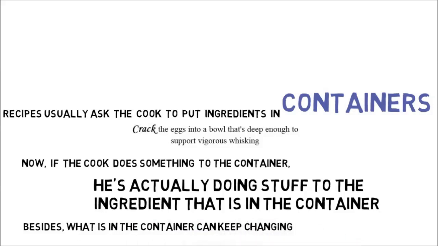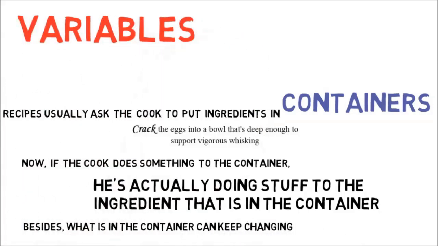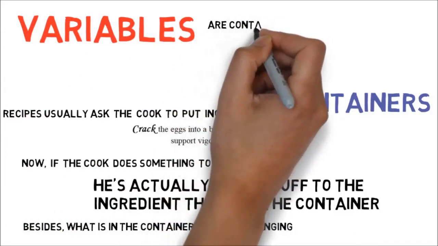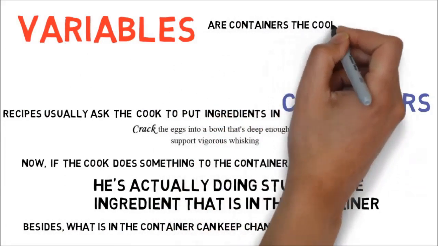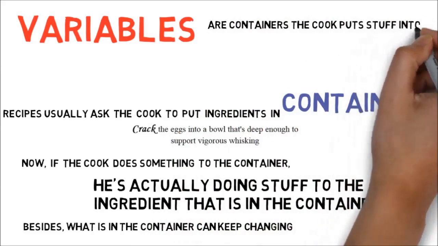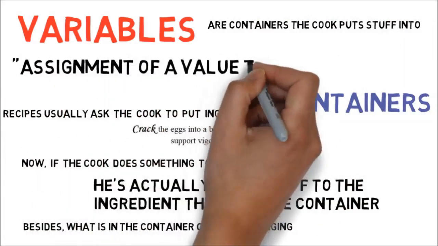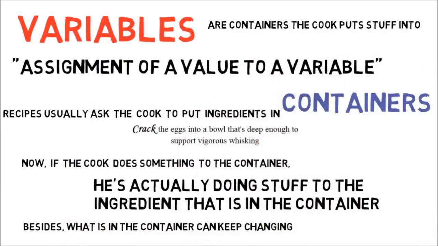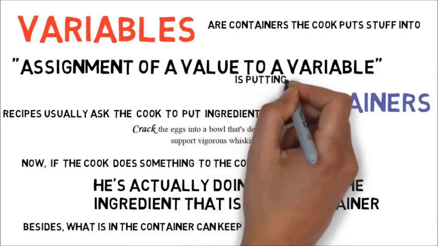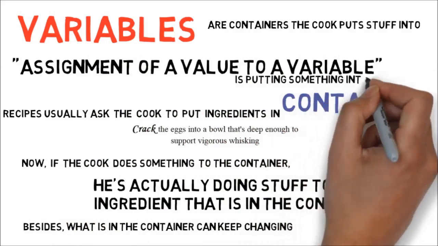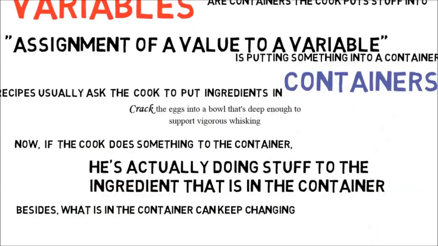Also, what's in the container keeps changing. It varies, it's variable. This in turn ties containers to an important concept in coding, that of variables. Assigning values to variables is exactly analogous to putting stuff into containers.